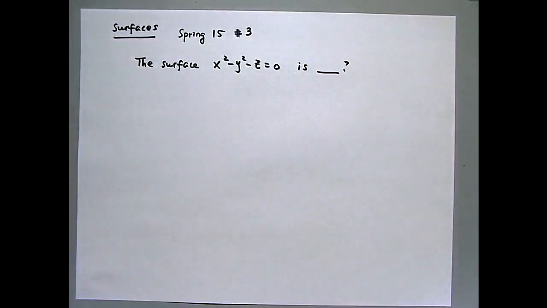So here they gave you an equation, x squared minus z, y squared minus z is equal to 0. And you have to identify this thing. And your choices are hyperboloid of 1 sheet, hyperboloid of 2 sheets, a sphere.